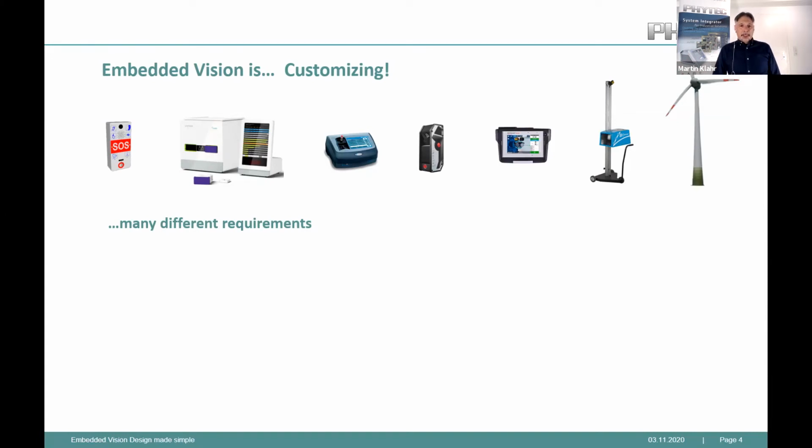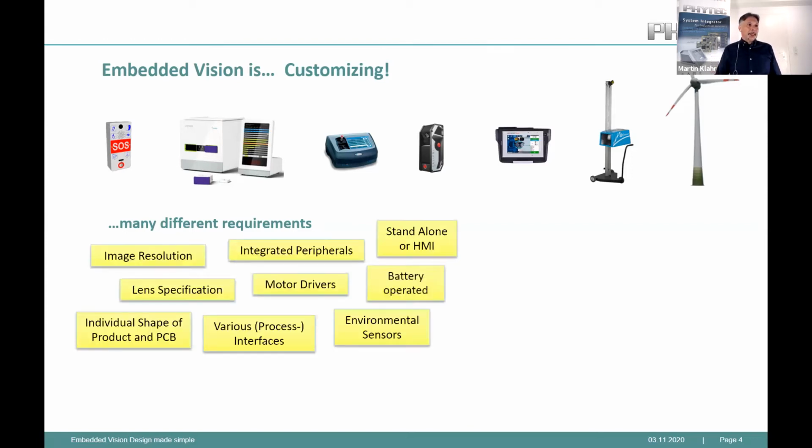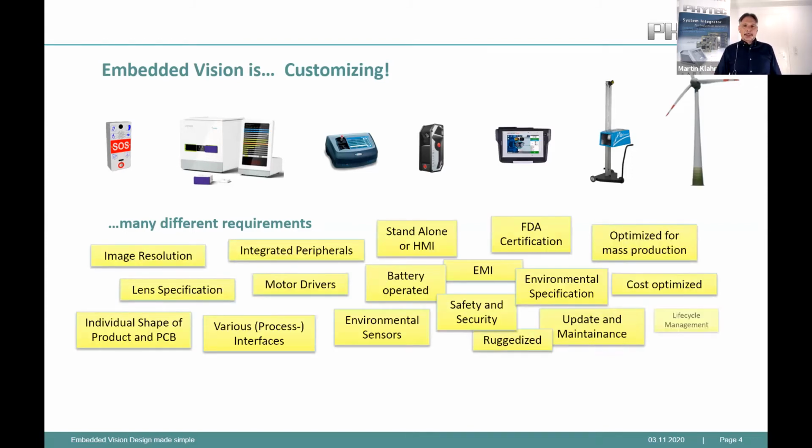I put some requirements together here that came from customer projects, and you see there are requirements that concern embedded vision, like the image resolution needed or the lens specification. But then there are many other requirements. For example, all these products are individually shaped. So we need to design the shape of our hardware accordingly.